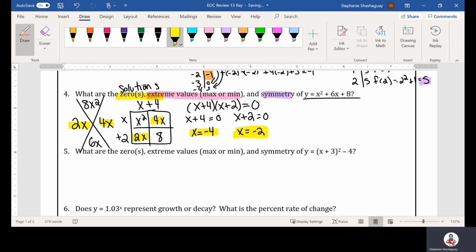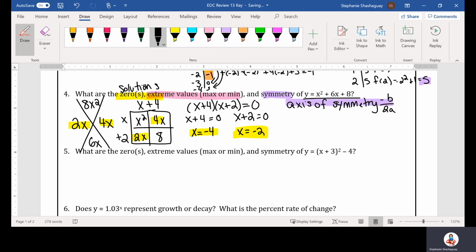Next, I need to find the extreme values, the max or the min. Okay? And I also need to find my axis of symmetry. So I'm going to start with my axis of symmetry. Remember, to find your axis of symmetry is going to be -b divided by 2a.